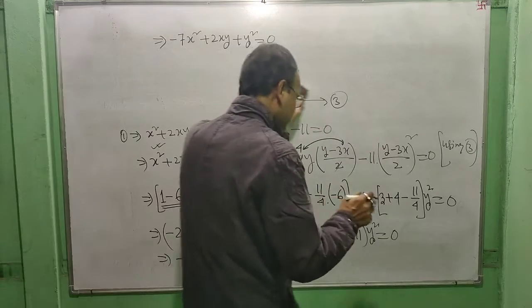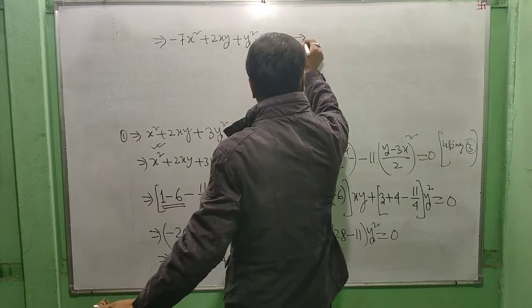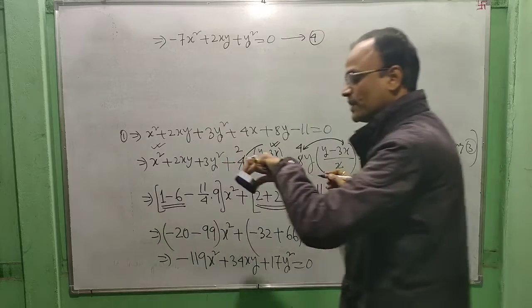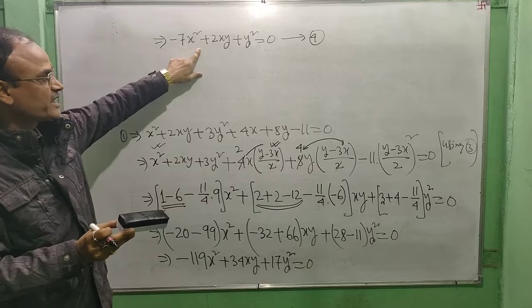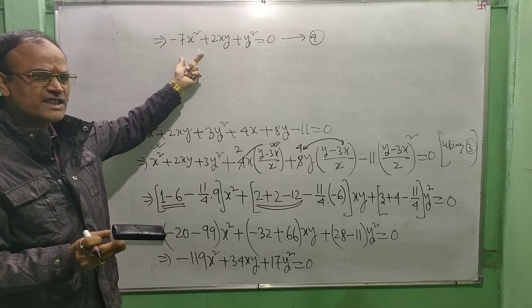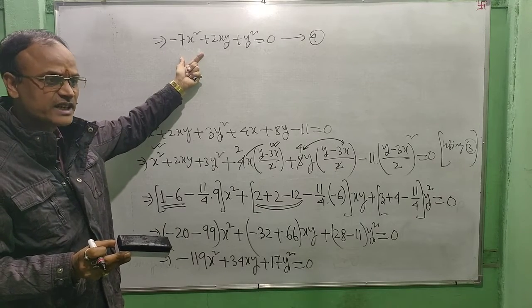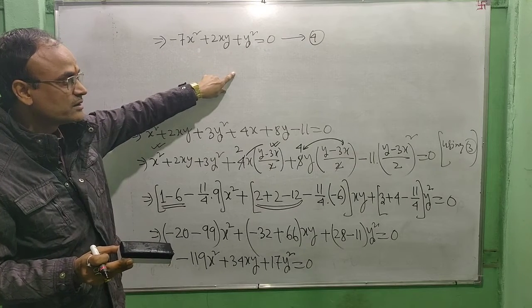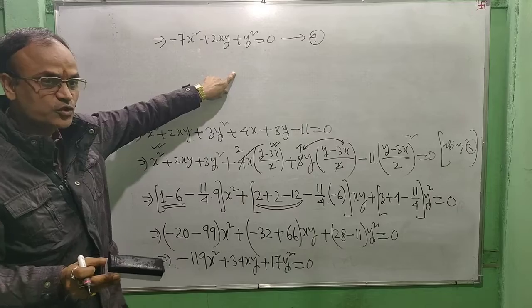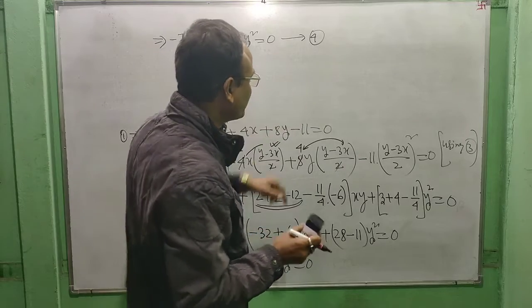Suppose this equation is number 4. This is a homogeneous equation of second degree. What is the angle between the two straight lines represented by 4? Tan inverse 2 times root over h square minus ab divided by a plus b.